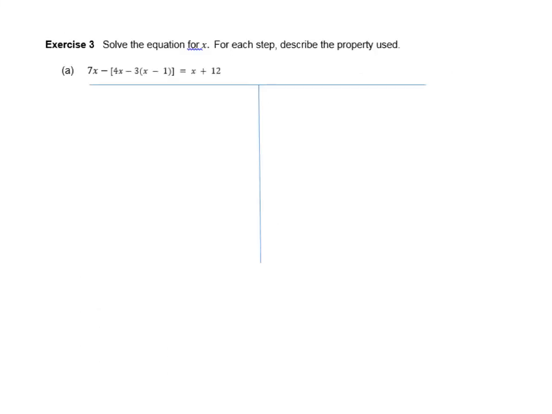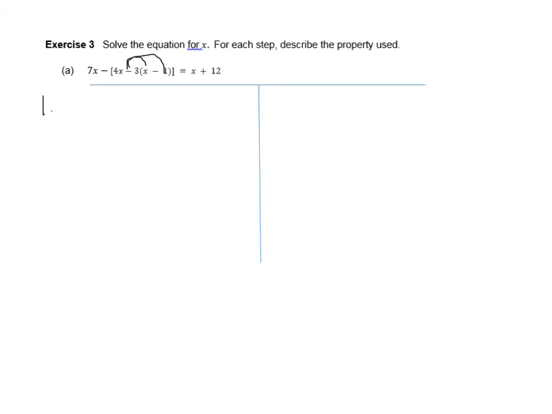Now exercise 3 is a little different because I'm not going to give you all the steps. We're going to number the steps, and we're also going to number the properties we use that go along with each step. So if you take a look at this big mess, the first thing I bet you'll want to do is multiply this negative 3 through the parentheses to get rid of those parentheses.